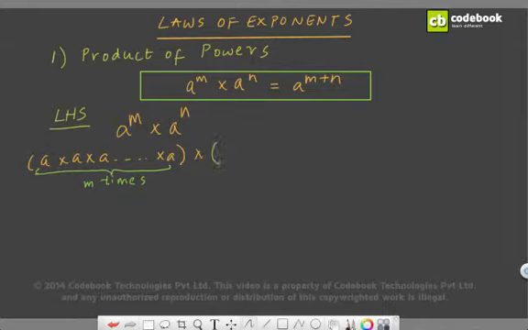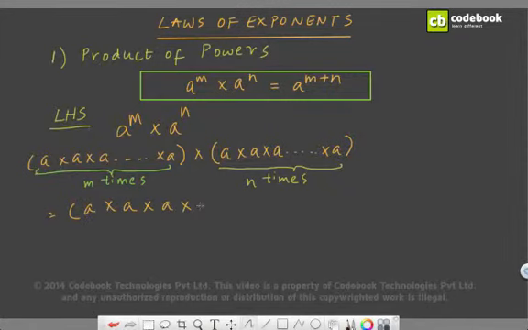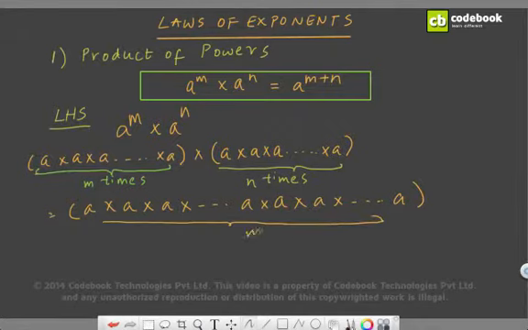Similarly, let's expand the second term, a raised power n. It is a multiplied by a, n number of times. So if you combine the two expressions, you end up with something like this, where the number of a's in this expression is m plus n.